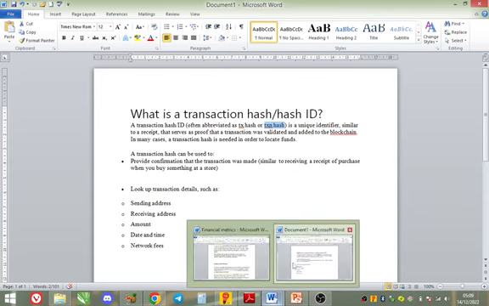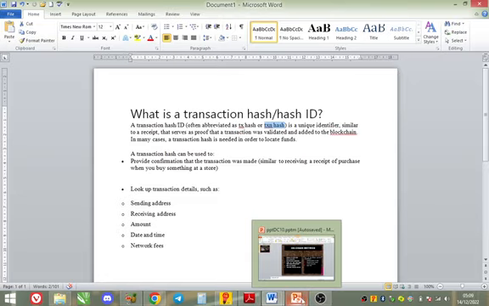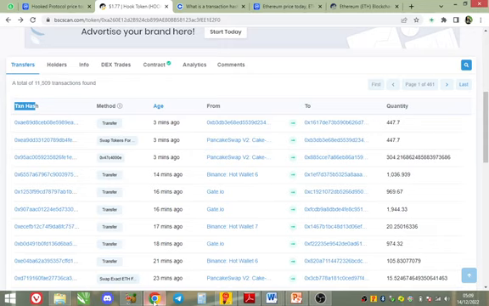What this means in our day to day physical life is that anytime you buy something, you are offered a receipt to prove that the transaction took place, or to prove that you bought that thing from that location.